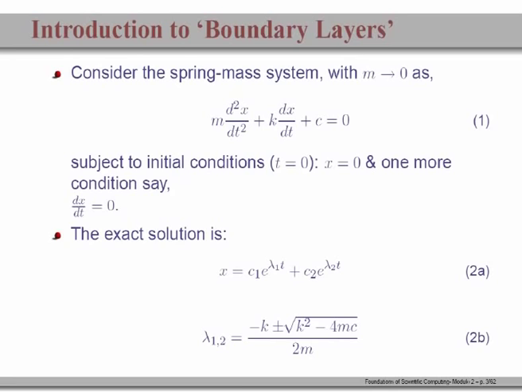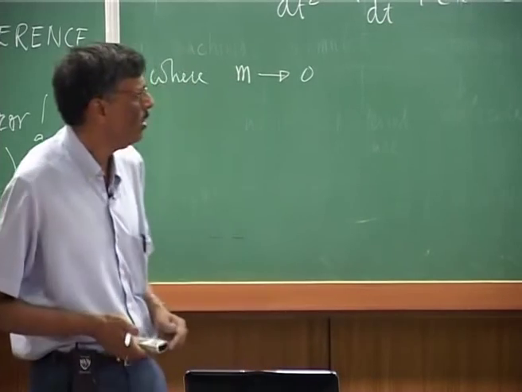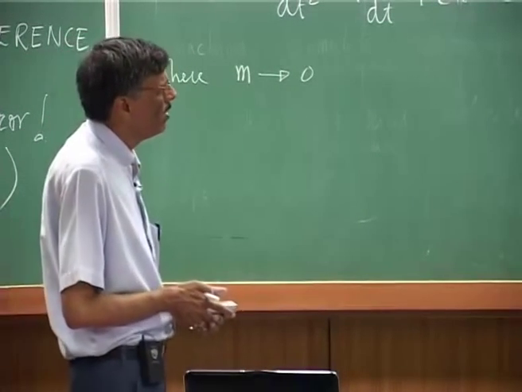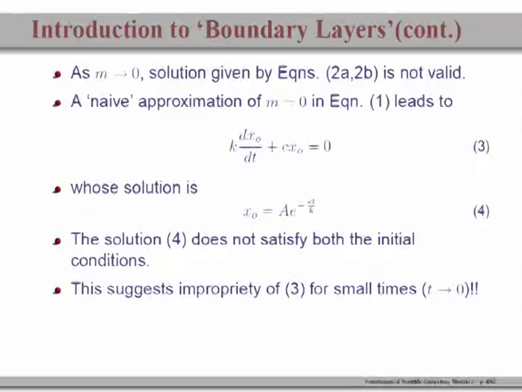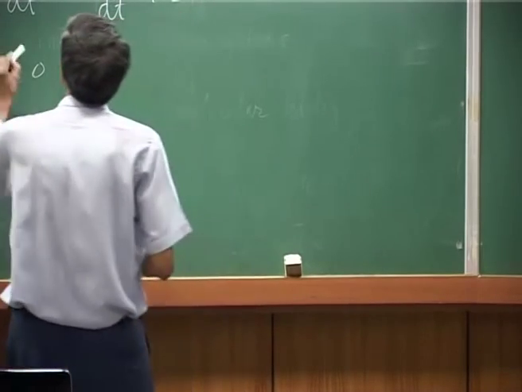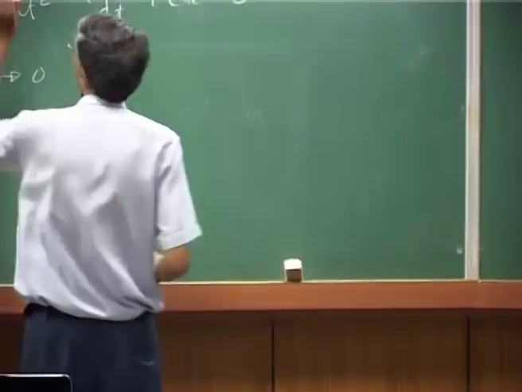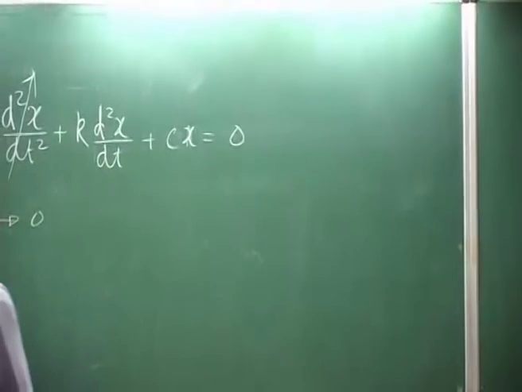So, what do you do? A naive approximation applied on the governing equation here, by switching this term off, will not do. Why?